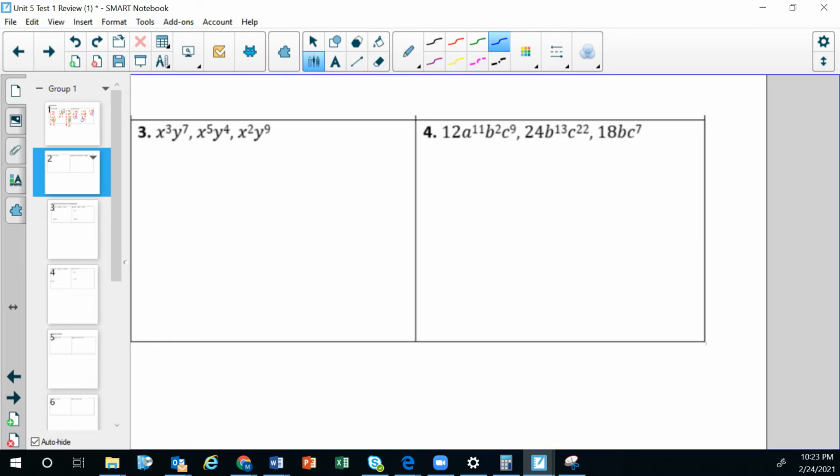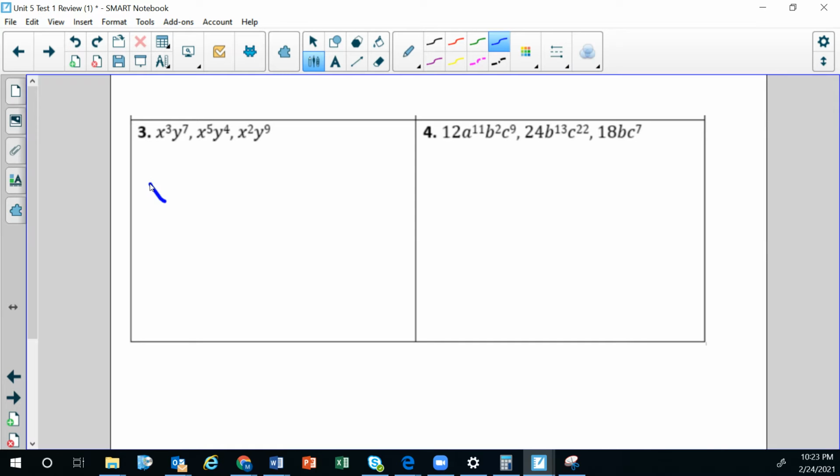You're given three terms, and you're asked to find the highest common factor. Now remember, for variables, you have to make sure that the variable appears in all three terms, and then you pick the one with the lowest exponent. So x appears in all three terms, y appears in all three terms.